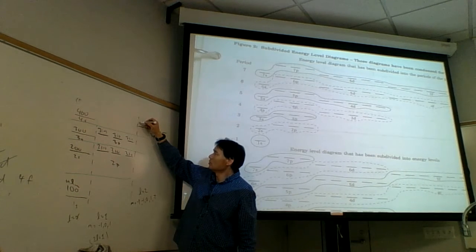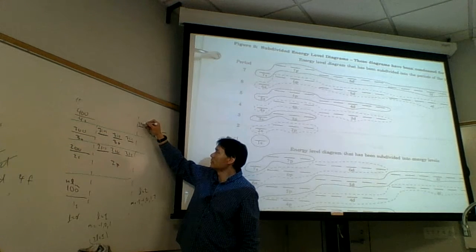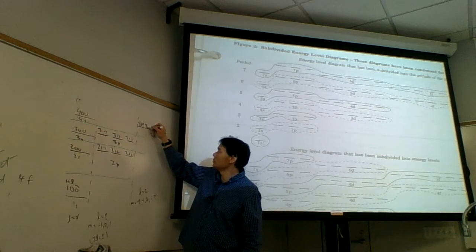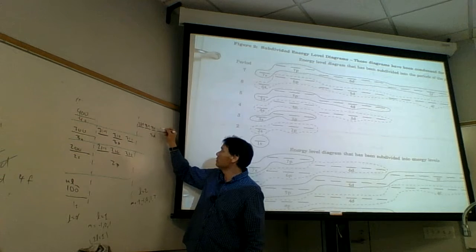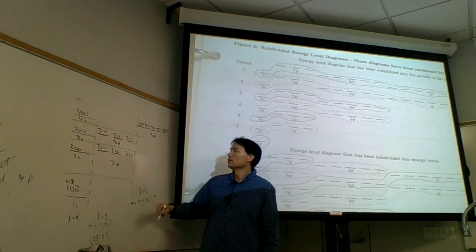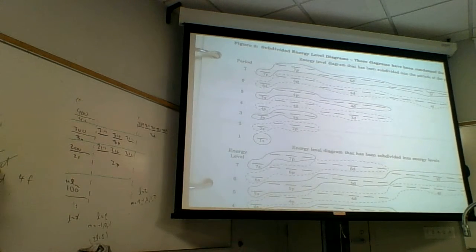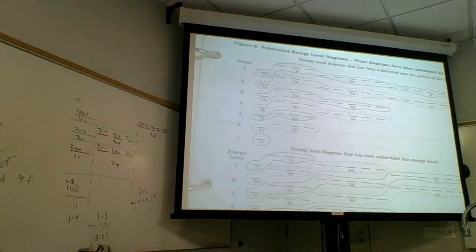Each individual orbital has 3 unique numbers, or an address. So we'll have 3, 2, -2; 3, 2, -1; 3, 2, 0; 3, 2, 1; and 3, 2, 2. And so it goes 4s to 3D to 4p.